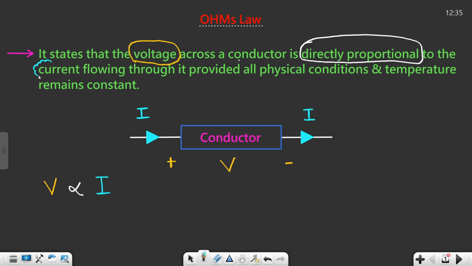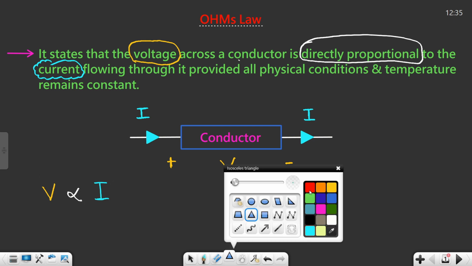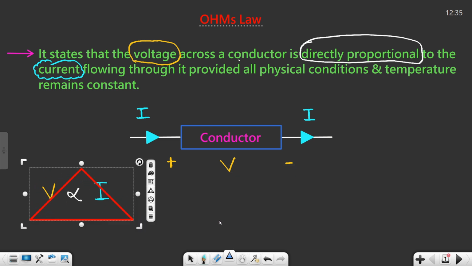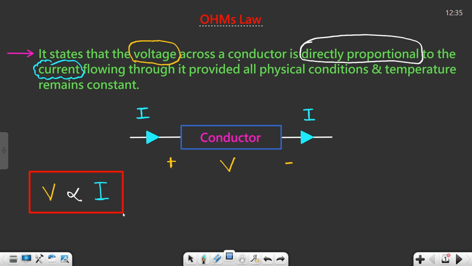I'm just highlighting a few of the key points, so whenever you refer to the PDF, it will be easier for you to understand what we studied. So this is what we can see: my voltage is directly proportional to the current flowing through the conductor.